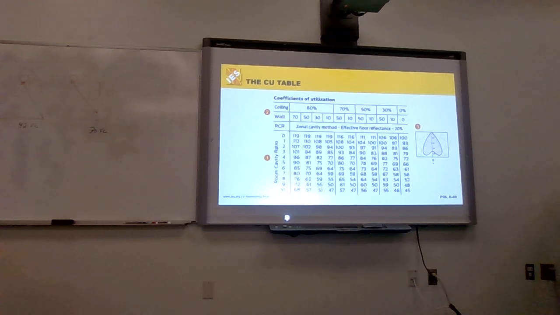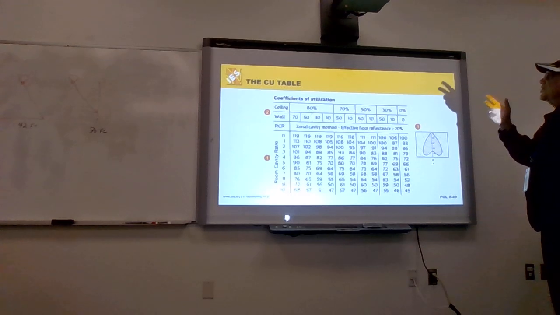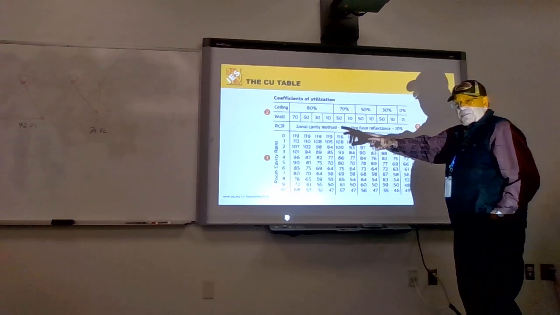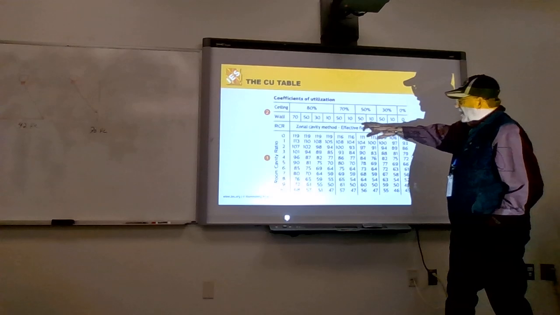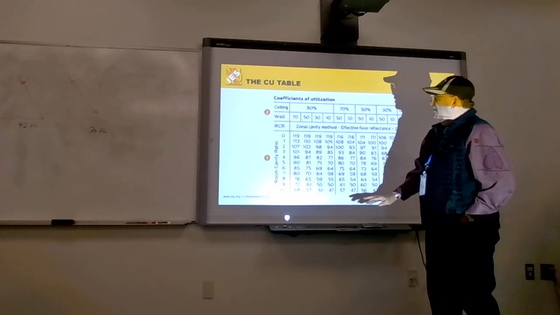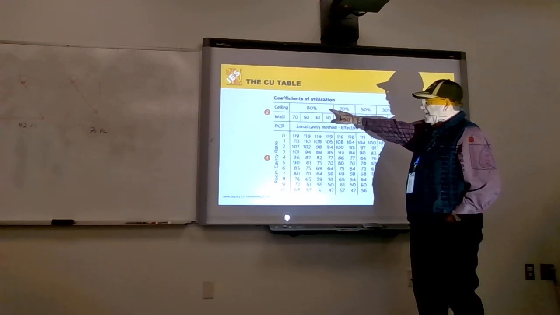So, here are your coefficients of utilization. This is the coefficients of utilization chart, if you will. And I explained to you this before. So let's just take, for example, the first section here. We have a ceiling reflectance value of 80%. That's rho.